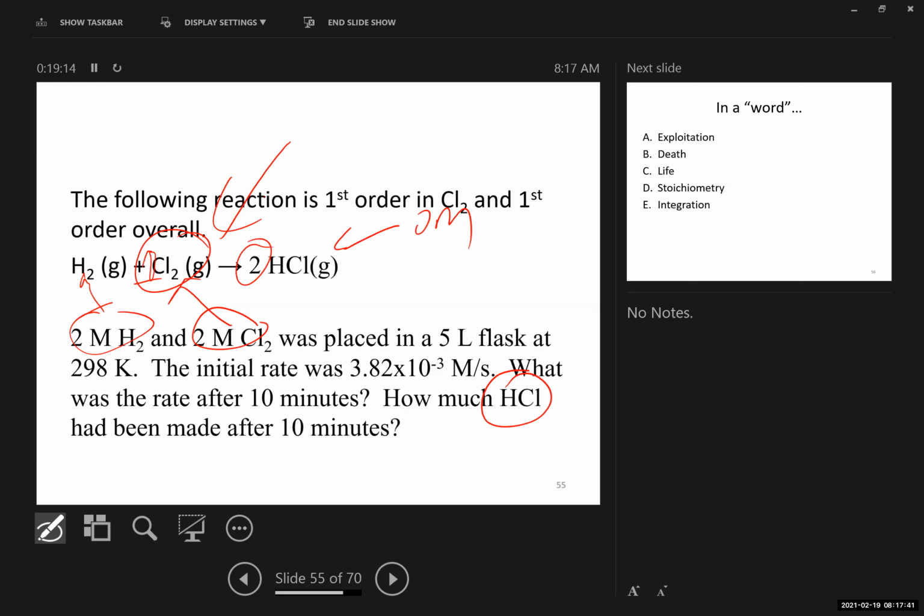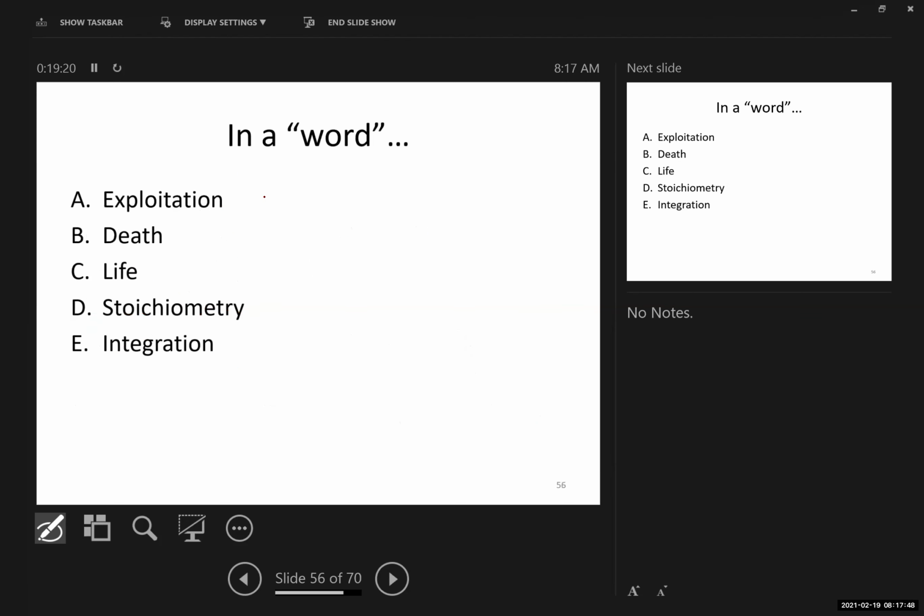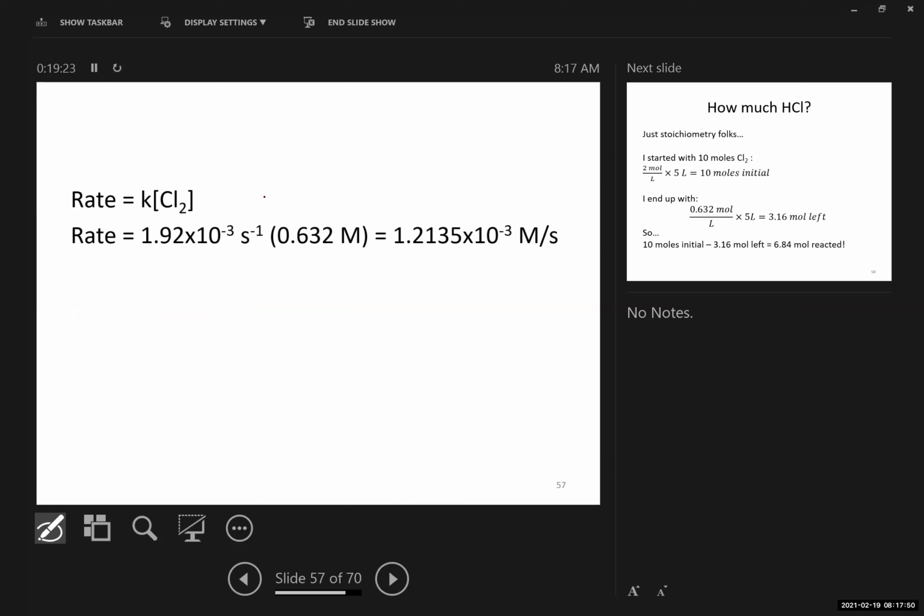And so if I want the rate, the only thing I know to give me the rate is the rate law. Since the chlorine is now down to 0.632, I have a new rate. This is why reactions slow down in time. You're constantly losing reactants.